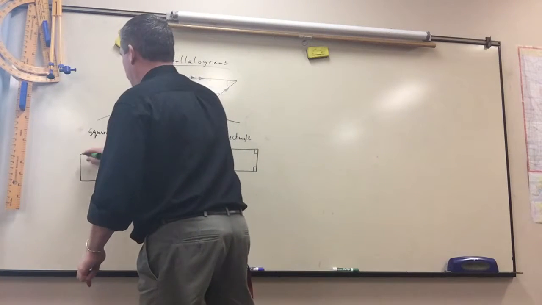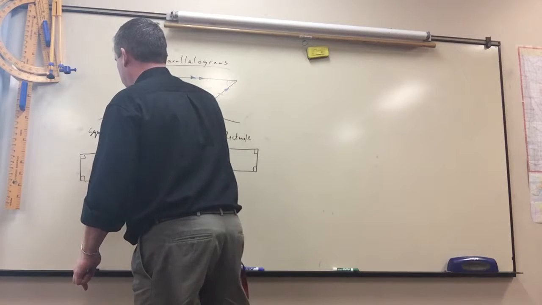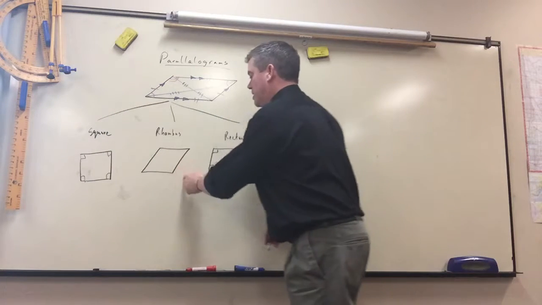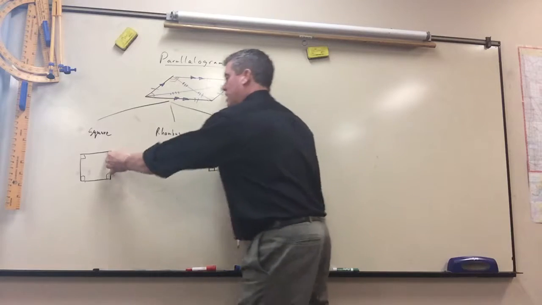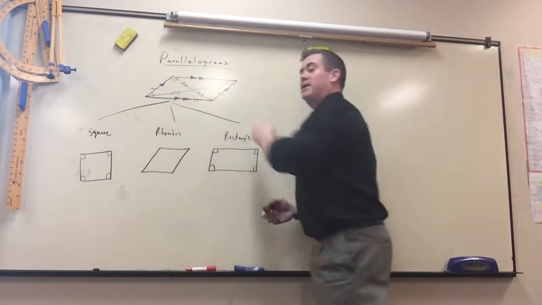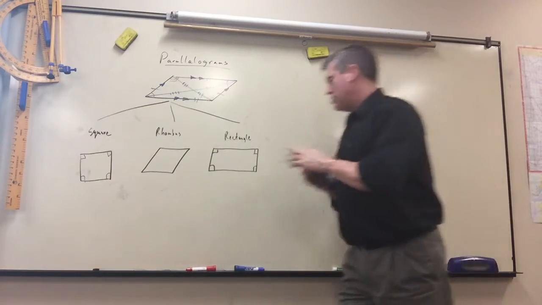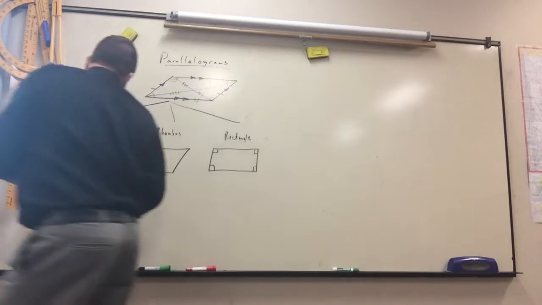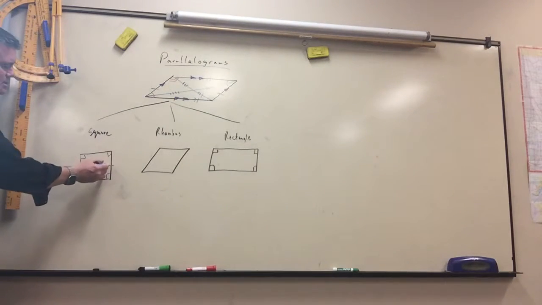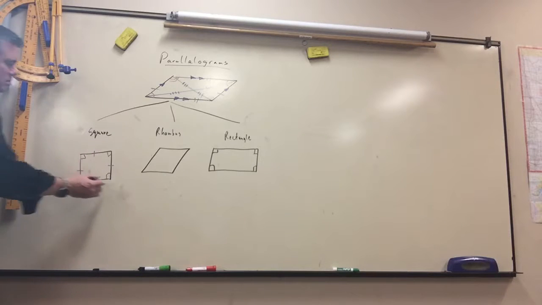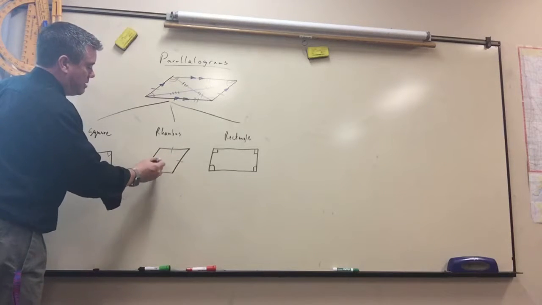Opposite sides are both parallel and congruent. Opposite angles are congruent. Consecutive angles add up to 180, and the diagonals bisect each other. So what's extra on a square and a rhombus is the sides are also congruent. All four sides the same.